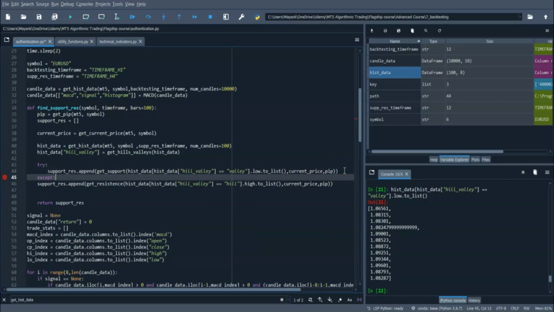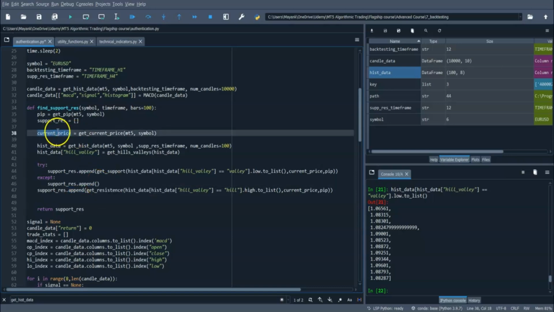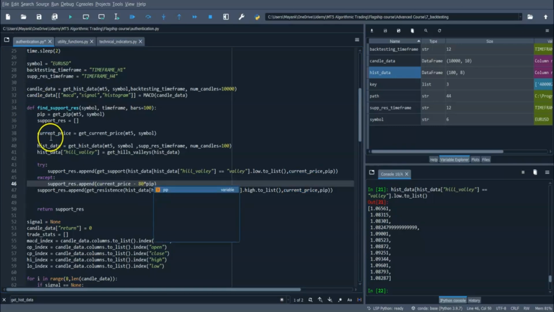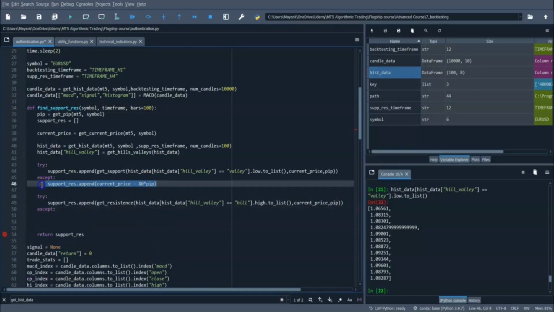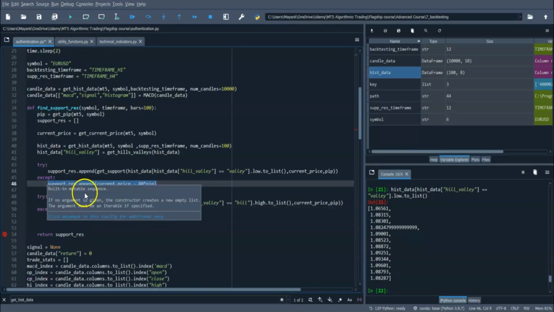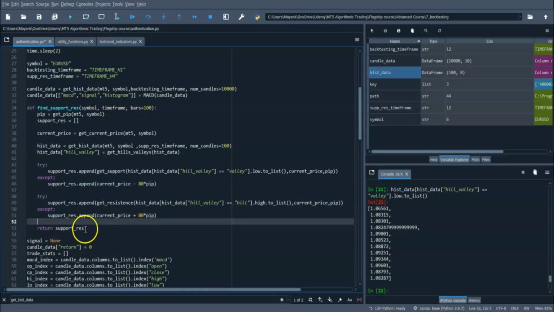So except if there is an issue calculating support or resistance, then simply assign support as the current price minus whatever number of pips that you want. Let's go with 80 pips. So 80 into pip, we already have calculated pip here. Likewise, for resistance as well, just take the current price and add 80 pips to it. So now this is our function of support and resistance.